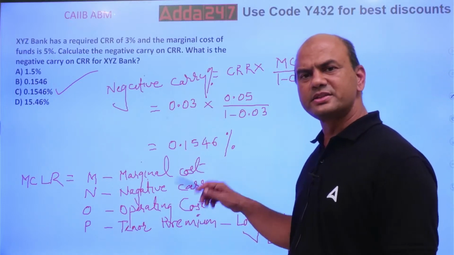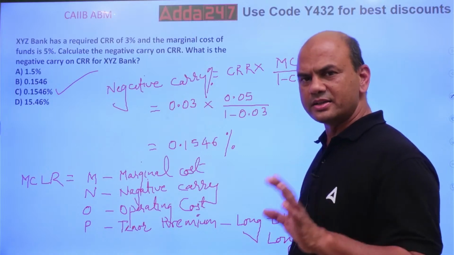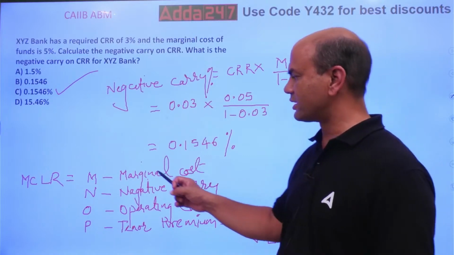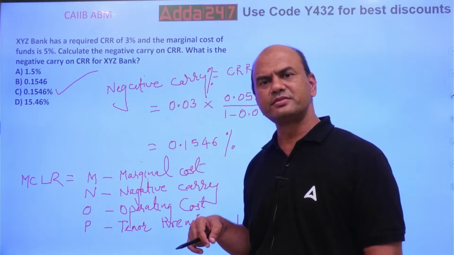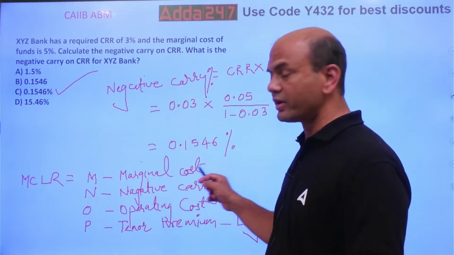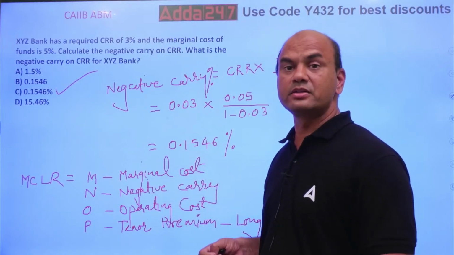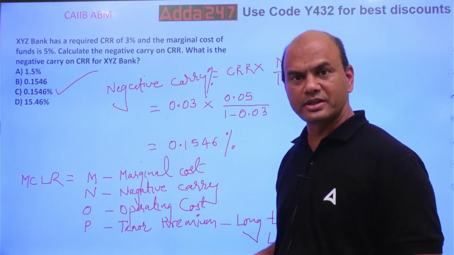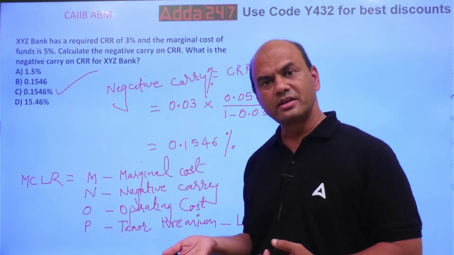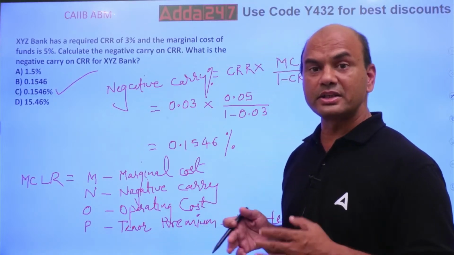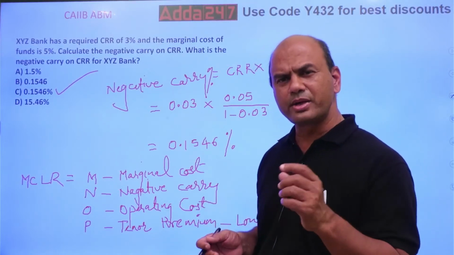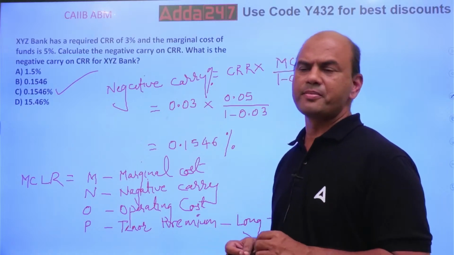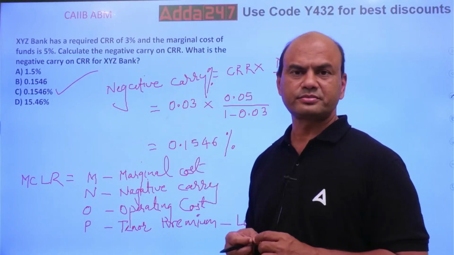What do you mean by this? Kindly understand one point. I'll just clarify these points. Marginal cost of funding means if I'm taking the funds at 7% and earning 9%, what is my marginal cost? What is the extra amount which I'm giving? So that is marginal cost.